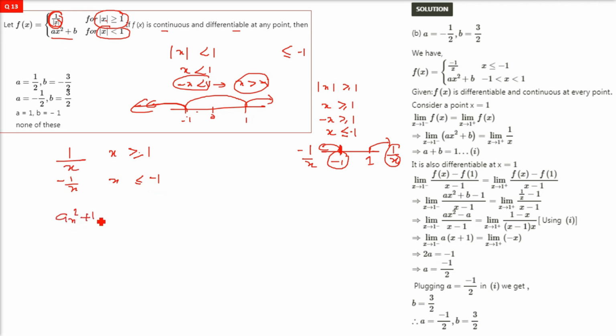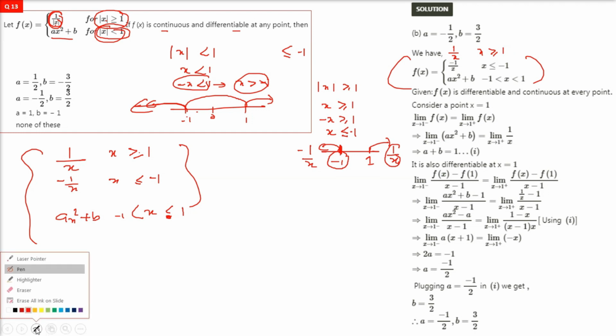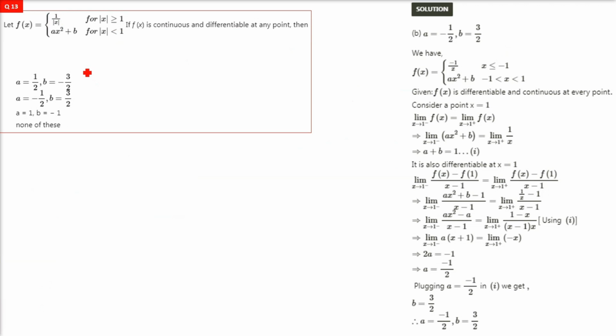And ax square plus b, if you have x between negative 1 and 1. So you have all the areas covered now. Depending upon at which value you have to check, you will use this function accordingly. Okay. Let us see how it turns out to be. So I'm just cleaning it up. I hope you got the explanation now.